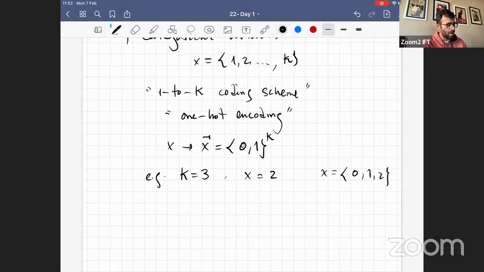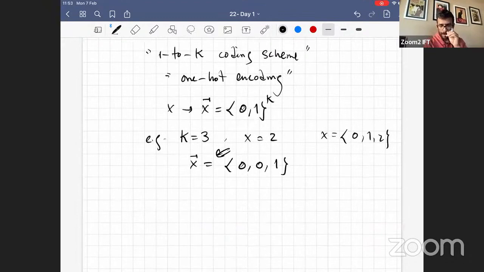Then the way to represent this in the 1 to k coding scheme is to write 0, 0, 1. And if x would be equal to 0, then it would be 1, 0, 0. It's like you put 0 everywhere except in the position corresponding to the category.